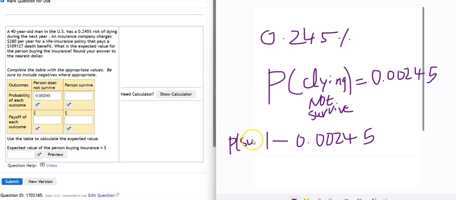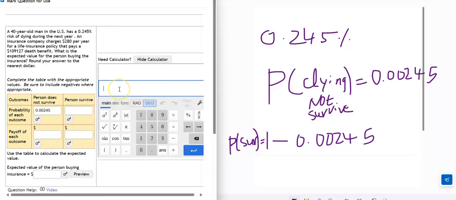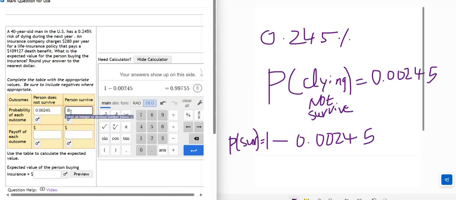Let's say SUR here. So how do you find it? Just use a calculator. You do 1 minus 0.00245, which gives you 0.99755. Okay, so now you get this probability of the person surviving.